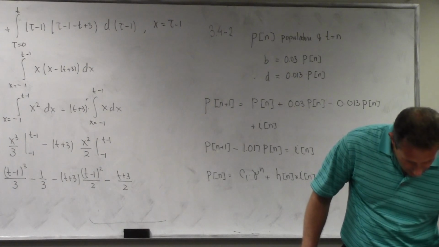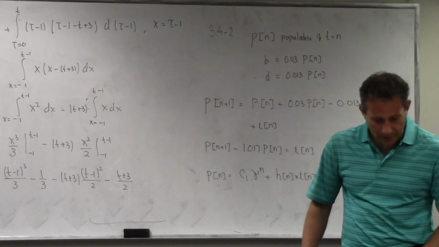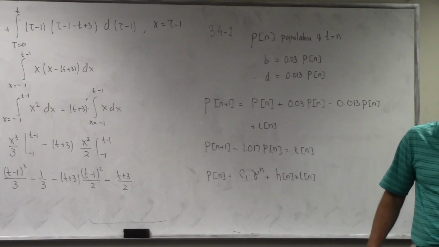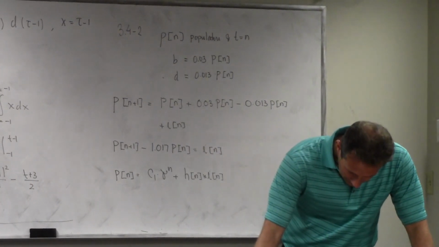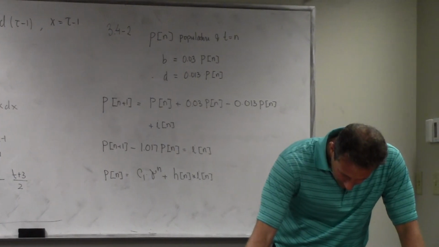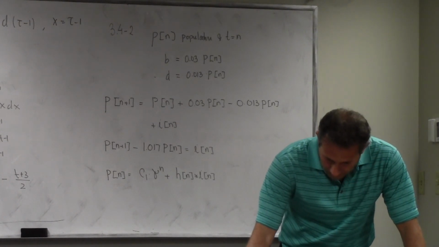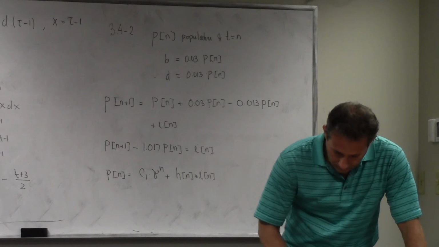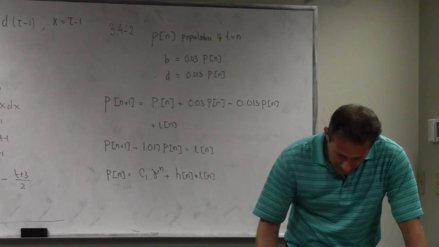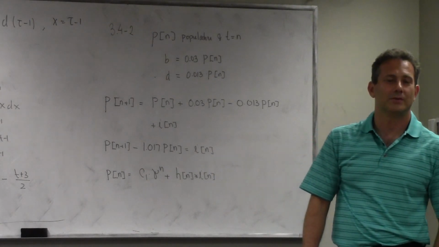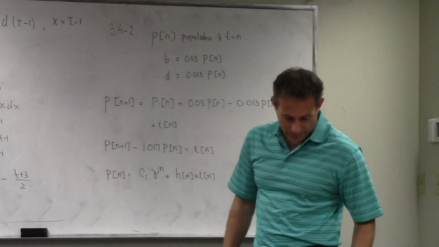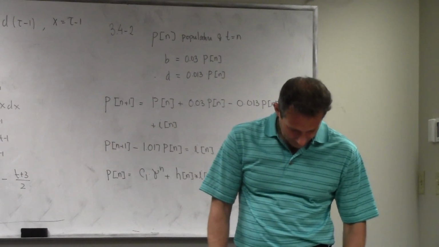I of n is the number of immigrants, right? It's got to be in the form of P of n. But that's it, right? You just write the difference equation, that's what they wanted. I thought they wanted to solve it somehow, but that's it.